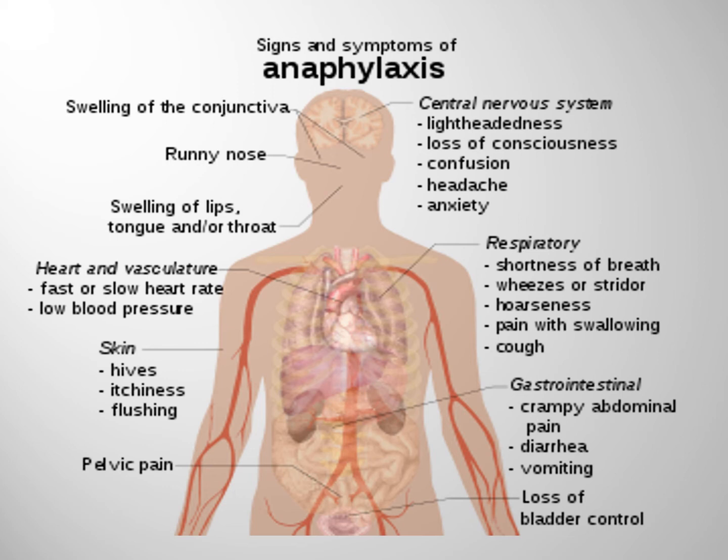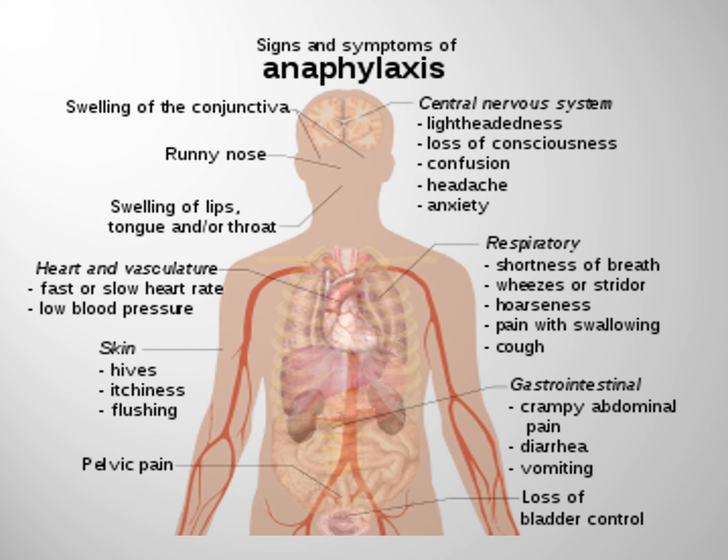Tachycardia, a fast heart rate, because the heart is trying to keep up with the low blood pressure. Or it could be an airway issue, where you have swollen lips, swollen tongue, or a swollen throat, which can be a real problem if you run into airway edema, and patients are now unable to oxygenate.